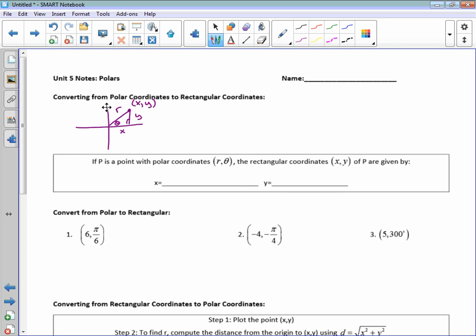So if I said cosine of theta, what would you tell me that equals? X over r. Okay, a little worrisome there. What if I wanted to solve that equation for x? R cosine of theta is equal to x.